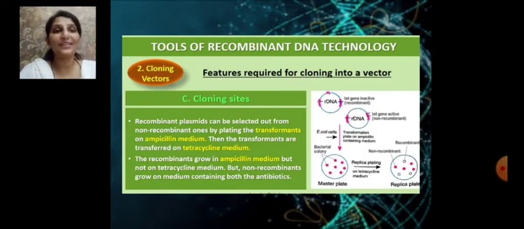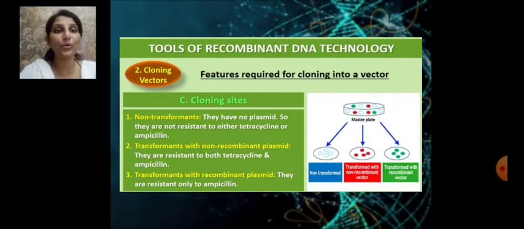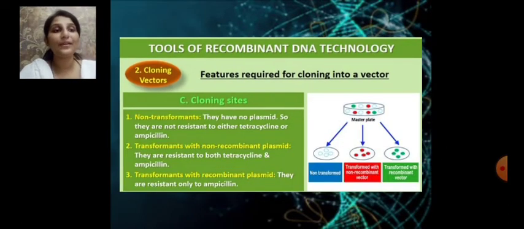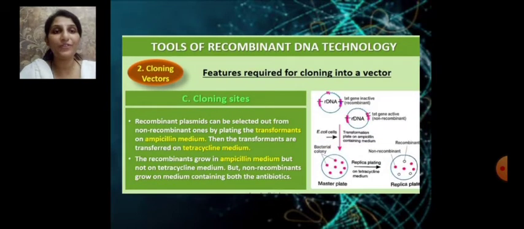Recombinant plasmids can be selected out from the non-recombinant ones by plating the transformants on ampicillin medium. Of these three types, only the transformants with the recombinant vector have to be multiplied. So how can we distinguish only the transformants with the recombinant vector? By first plating the transformants on ampicillin medium.